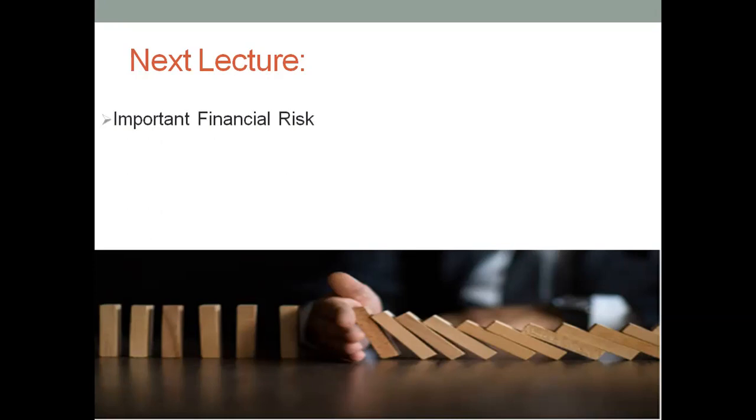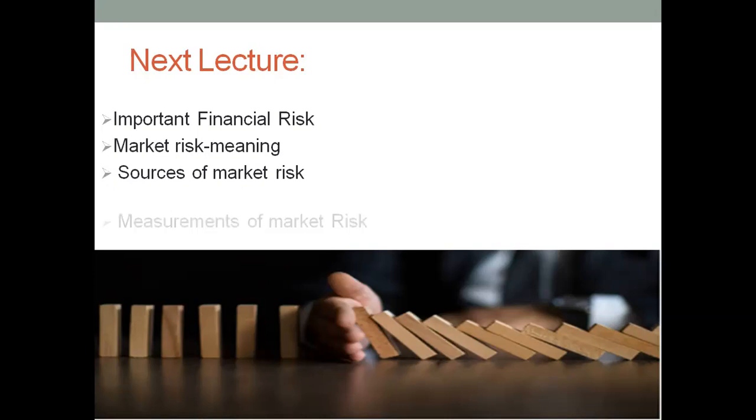Now in the next lecture we are going to discuss the following topics. First is different important financial risks. Market risk: what do you mean by market risk? Sources of market risk also we will be discussing. Measurements of market risk, how we can measure market risk, that we will see.